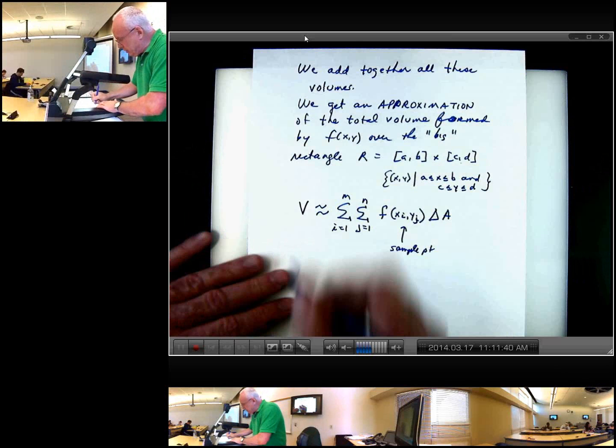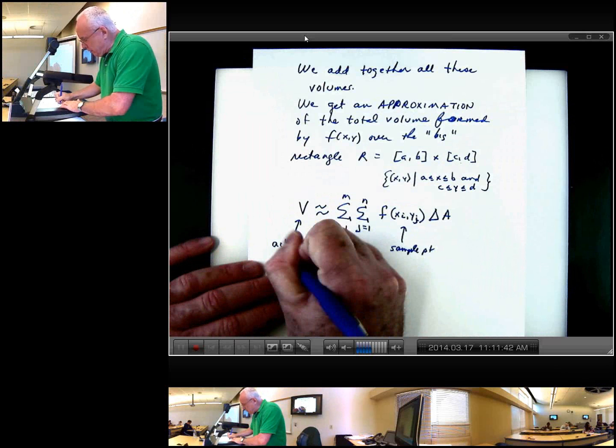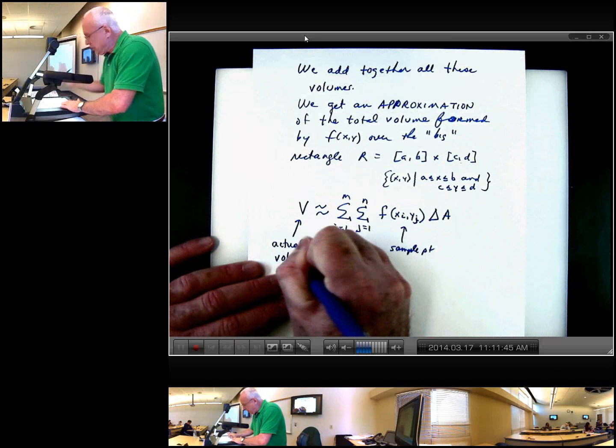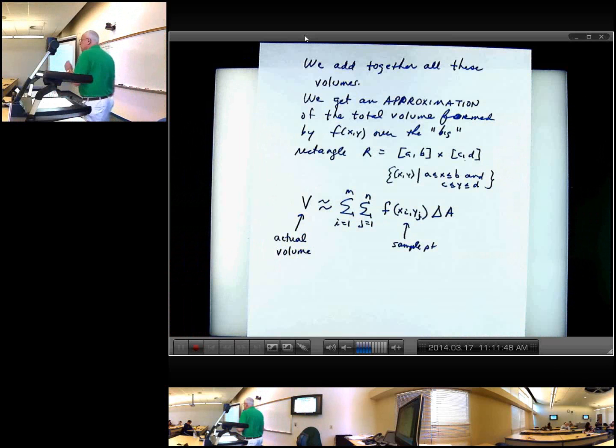And this V is the actual volume. So this summation is an approximation of the actual volume.